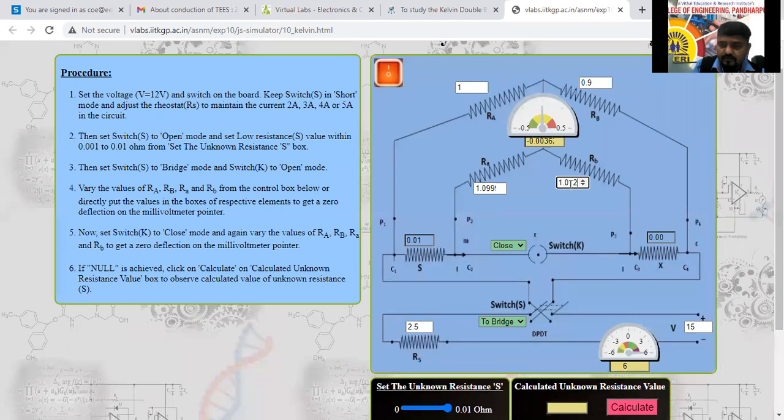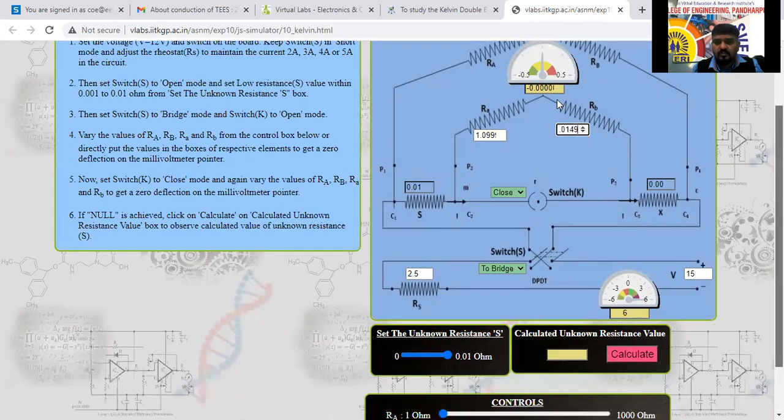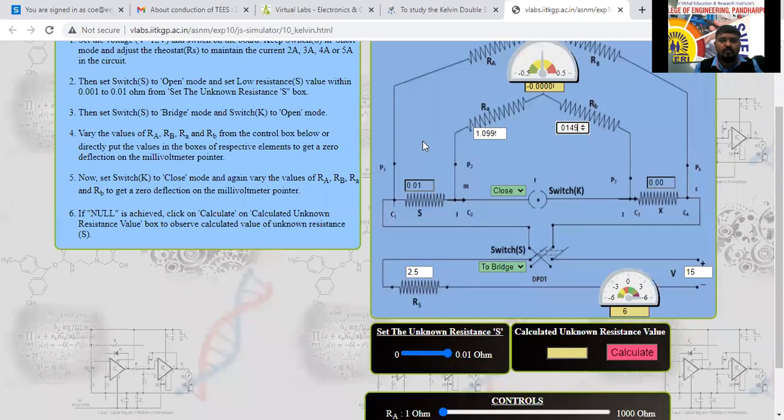Okay. See here, it is almost 0 now. The value is 0.